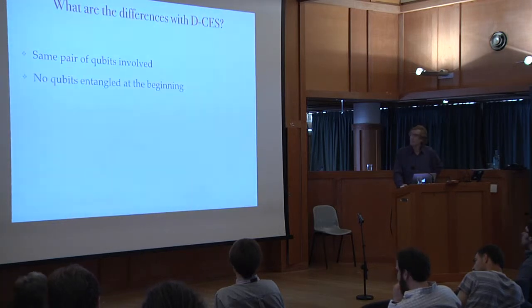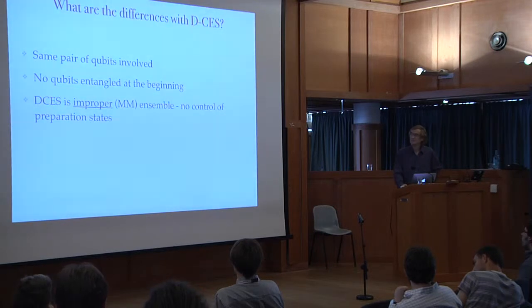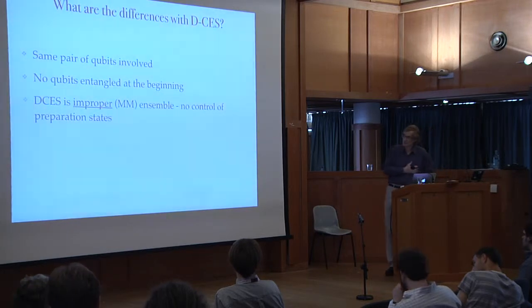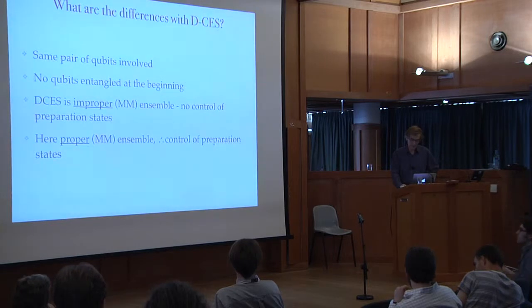No qubits are entangled at the beginning of the experiment like they are in delayed choice, but I don't think that matters very much at all either. But this does: an improper maximally mixed ensemble is being used, so there's no control of the preparation states, but as I mentioned before, here we have control of the input states, the preparation states, which gives us the result that I just mentioned.